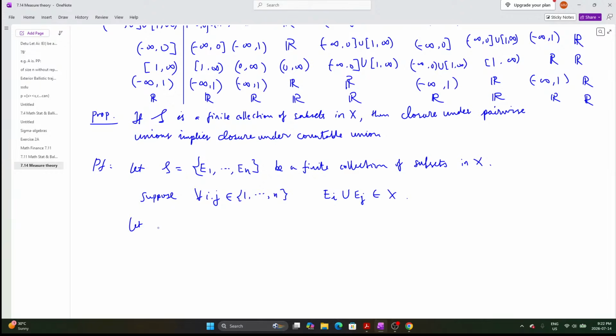So let's say Fk, k greater or equal to 1, be a sequence in S. Okay, be a sequence, and we need to show that it is a sequence in S, so therefore there's at most n distinct elements.